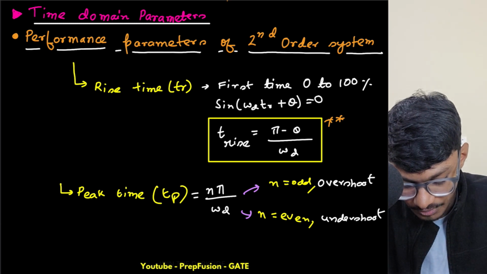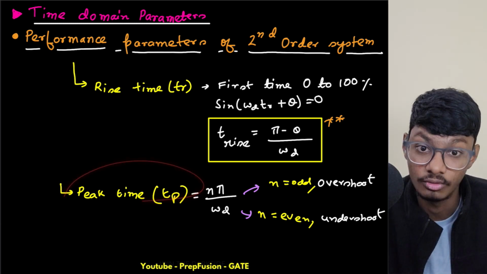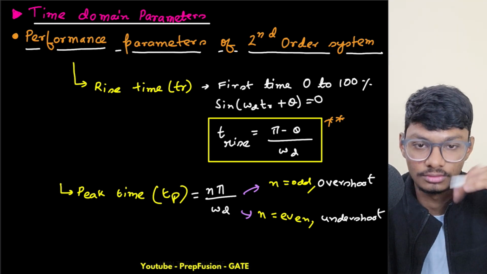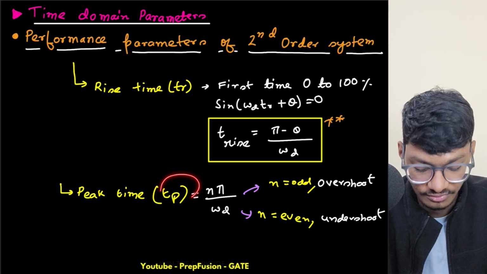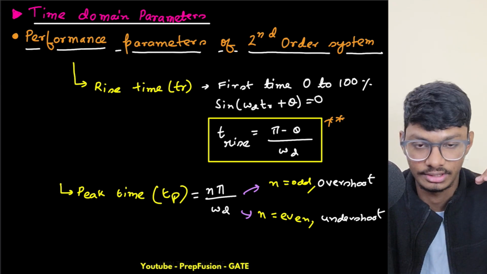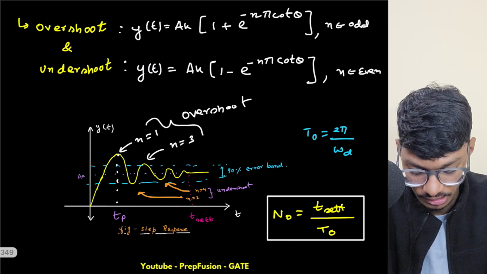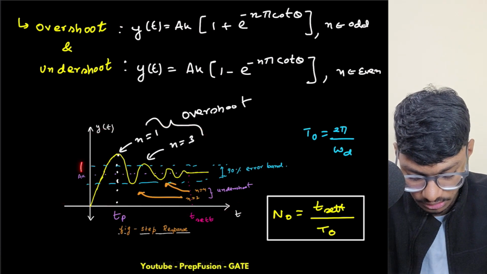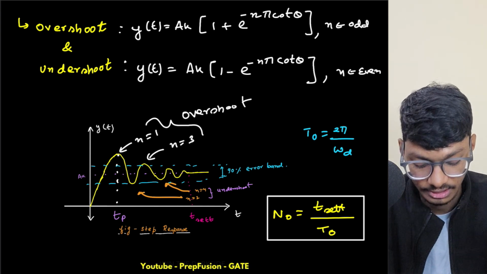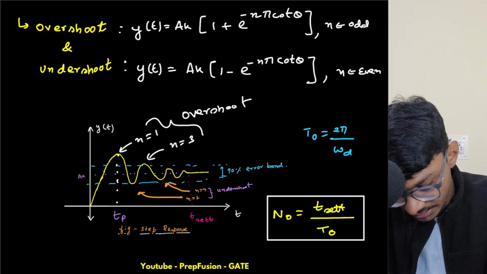Then what was the peak time? Peak time was when it reaches the peaks. So first overshoot, then first undershoot, then second overshoot, second undershoot, and the oscillation will die down, if you recall from here. This was the standard graph of a standard second order response.